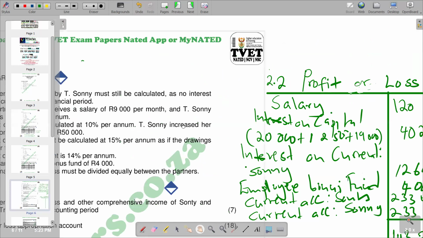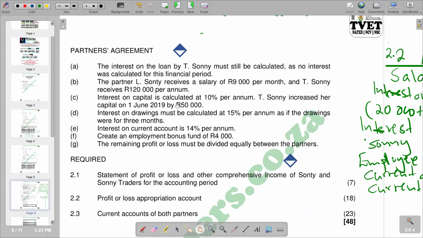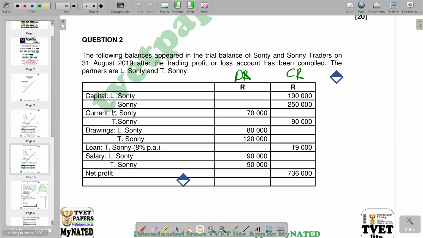If you go to the partnership agreement, it says interest on capital is calculated at 10% per annum. And then T Sonny increased capital on 1/2/2019 by 50,000 rands. So this increase in capital is going to affect T Sonny, and in this case, we are only concerned about T Sonny. So we're going to say 10% of the balance of T Sonny's capital, which is around 190,000.